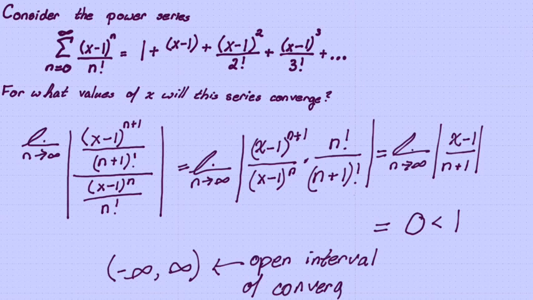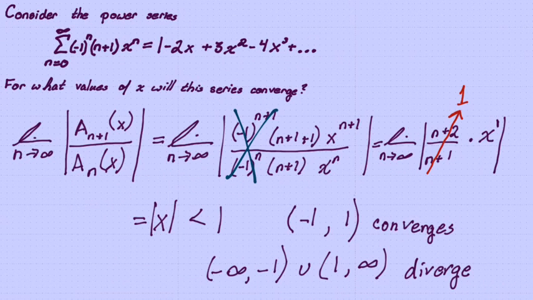Sometimes we'll ask you for the radius of convergence. So in this case, infinity is the radius of convergence. In the previous example, the interval of convergence was -1 to 1, and the radius of convergence was 1.